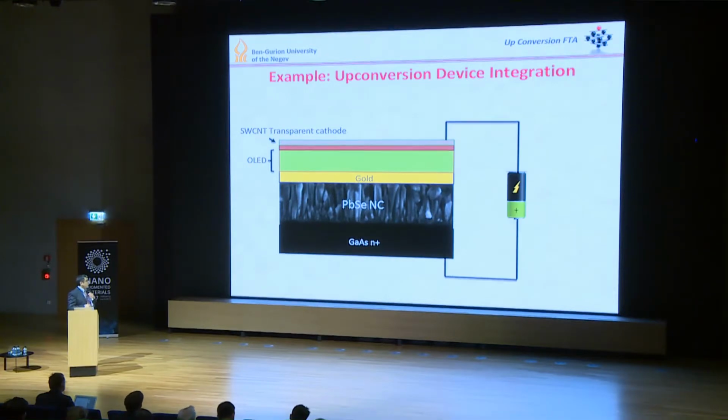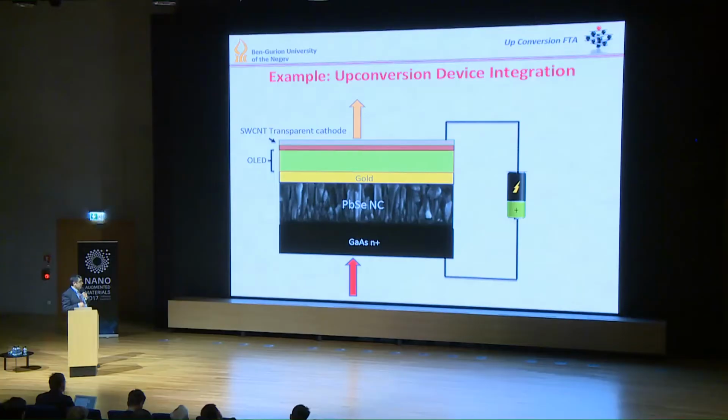And we have to apply bias because we are up-converting, so we have to supplement the difference in the energy from the infrared into visible. So the difference in the energy is given by the external power source. And then we shine the infrared light, and from the other side we are getting basically the visible light or the visible image.